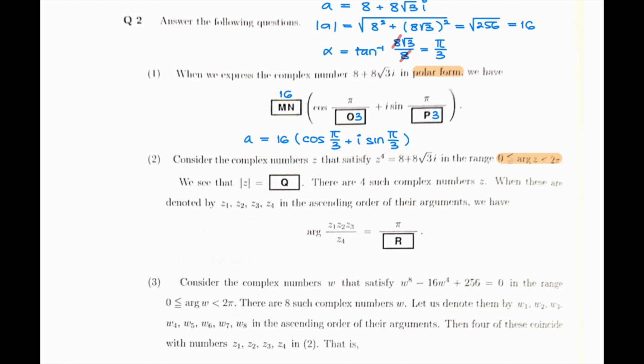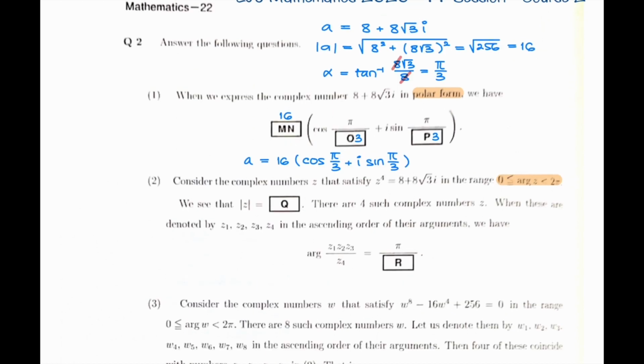I can also express A in the form of exponential. So we have three forms of a complex number. The first one is called the Cartesian form. And then the second one is polar. Then the last one is the exponential form.